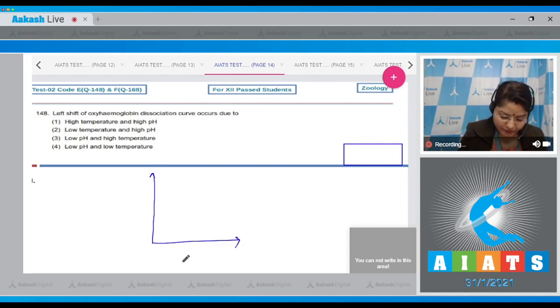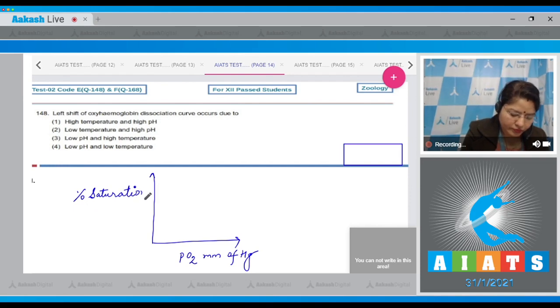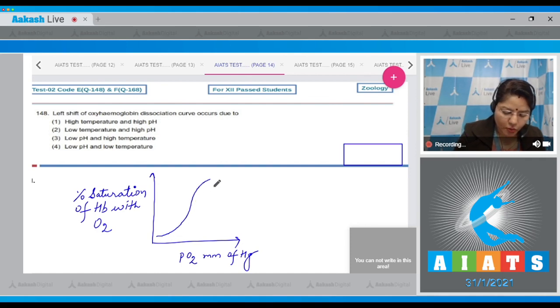The graph between partial pressure of oxygen in mm of Hg and percentage saturation of hemoglobin with oxygen is sigmoid in shape, and if graph shifts to right side, this indicates dissociation of oxyhemoglobin.